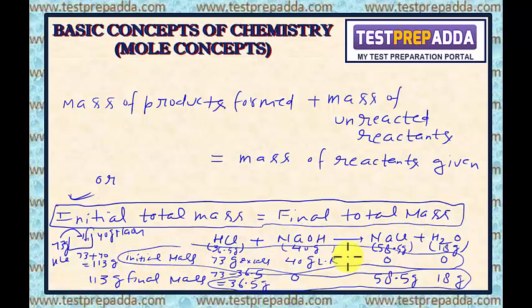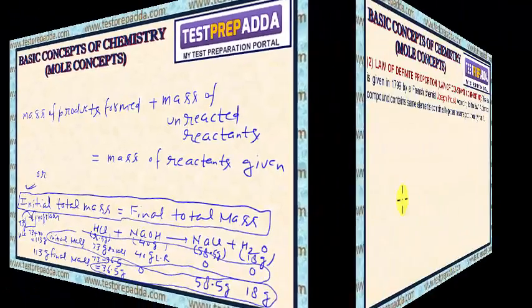So initial total mass is equal to final total mass. That is the law of conservation of mass. My point is clear. Now I will take another law here.